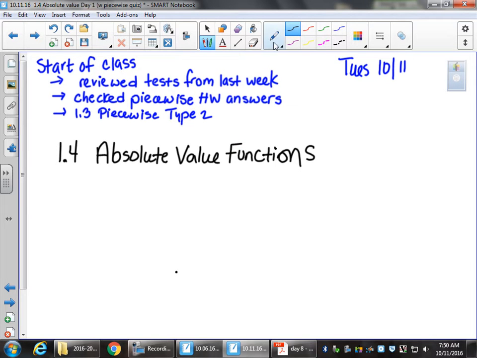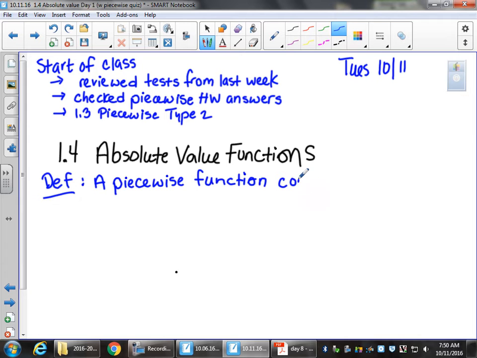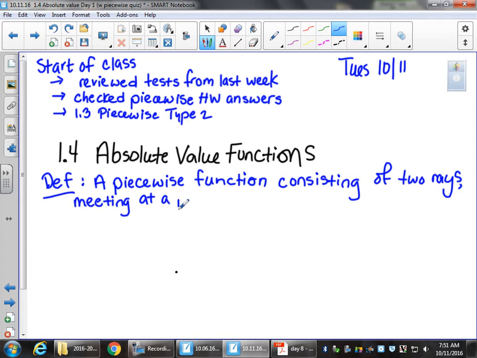Okay. So an absolute value function, by definition, is a piecewise function consisting of 2 rays meeting at a point called the vertex.